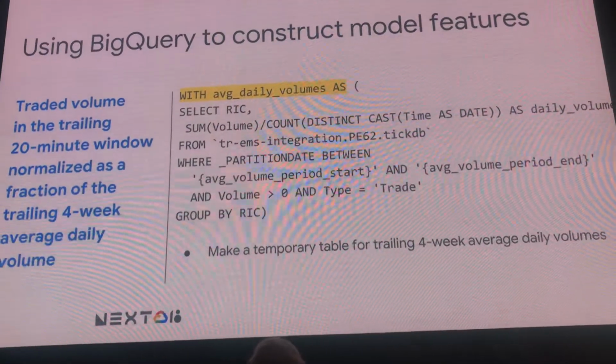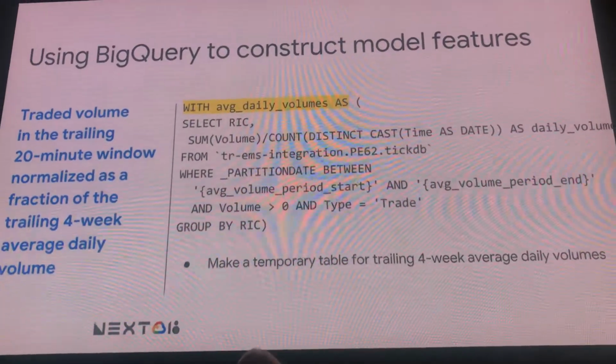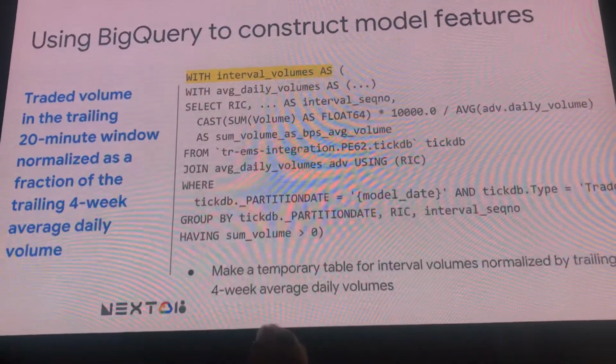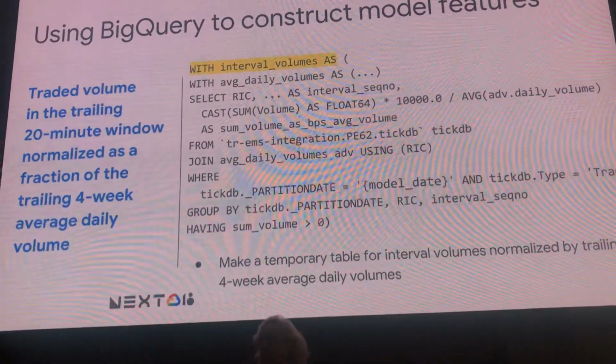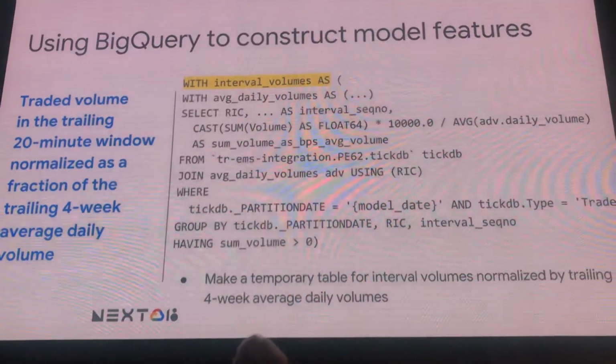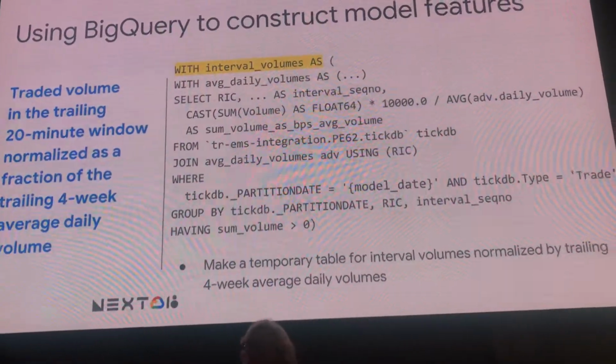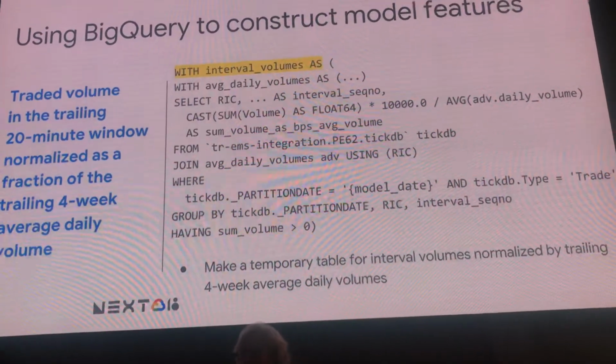And similarly as before, we use a temporary table to store average daily volumes. Then we use this temporary table from another query to calculate interval volumes normalized by ADV.